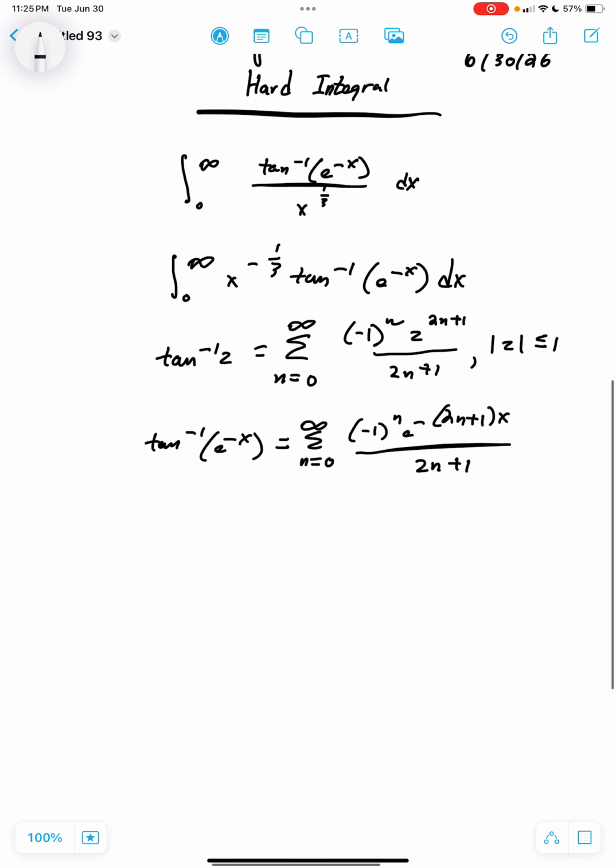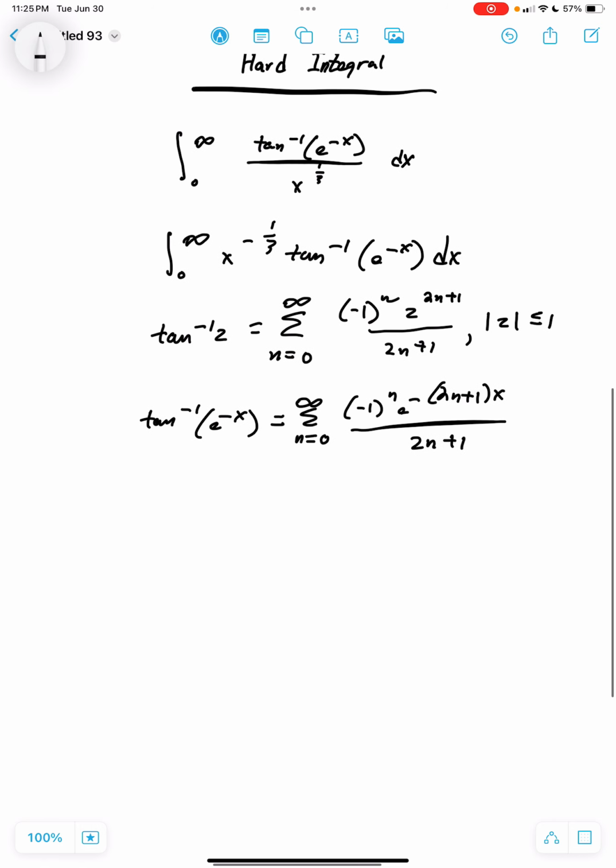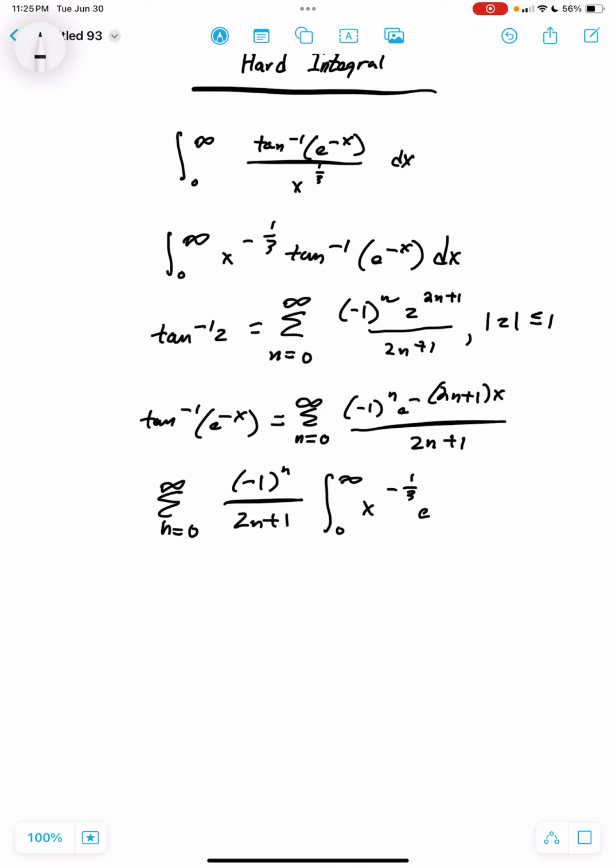And if I substitute this back into my expression and then interchange the sum and the integral, I get the summation from n equals 0 to infinity of negative 1 to the n over 2n plus 1 times the integral from 0 to infinity of x to the negative 1/3 e to the negative 2n plus 1 x dx.